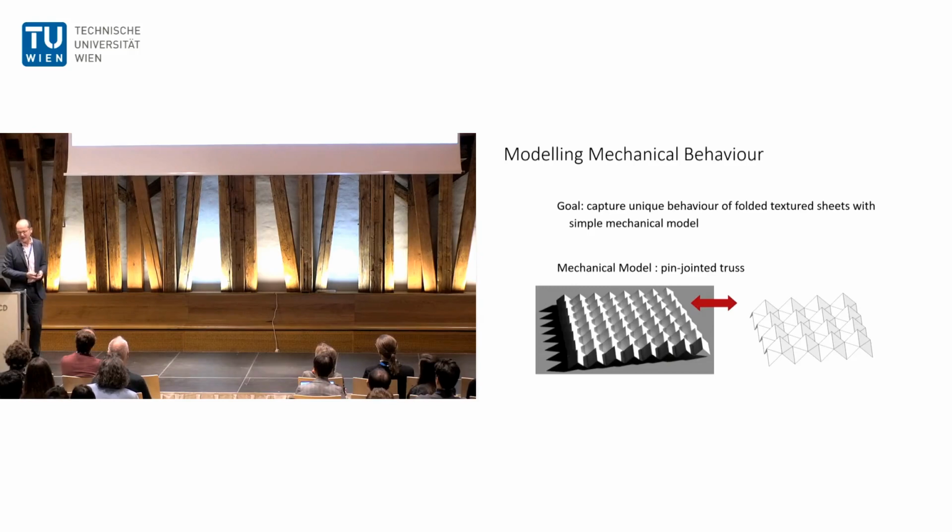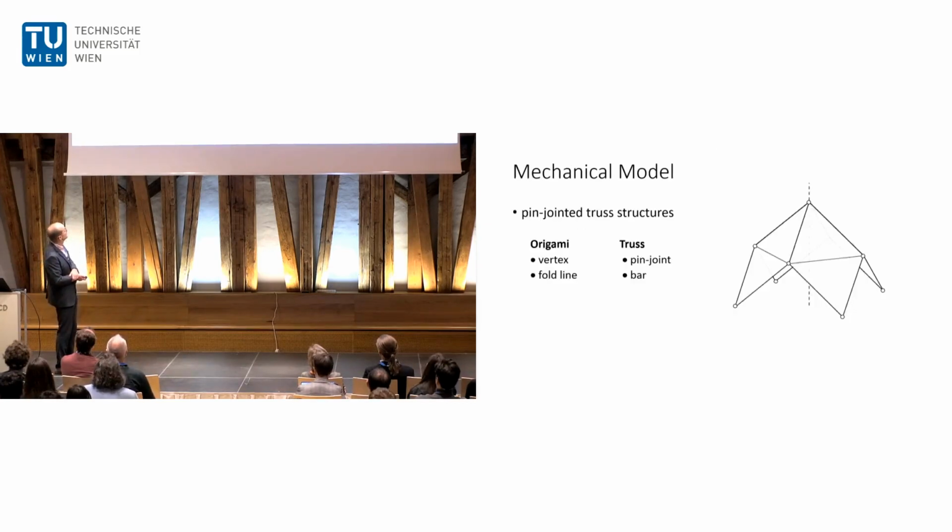So we would have the vertices as being our pin joints, and we would have fold lines as bars, and we would add some extra bars to make sure there's no in-plane deformation. So here's the relationship between the origami and the truss structure.